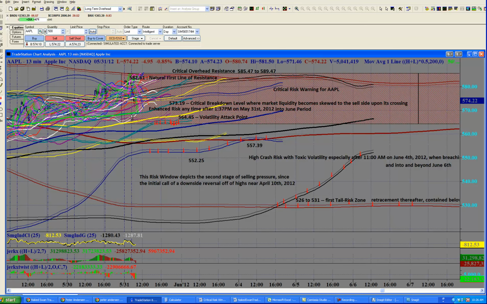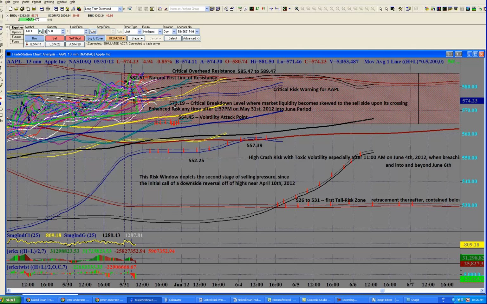And as indicated in a brief issued last night on Apple, we showed this risk map saying that the 582.61 area would be a natural first line of resistance. Market rallied right into that area, within a few cents of it this morning, and immediately sold off.